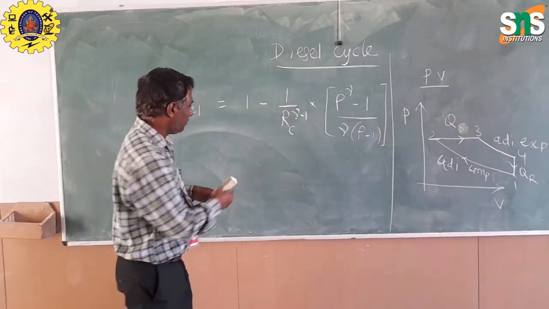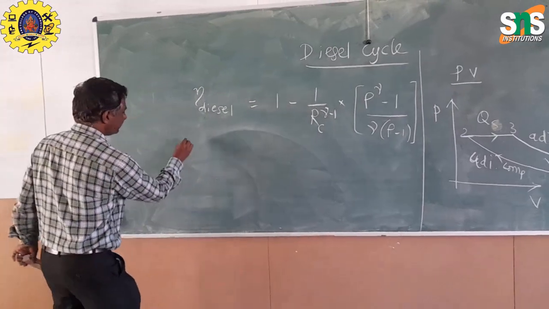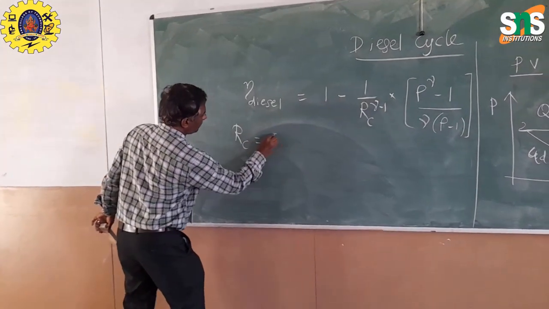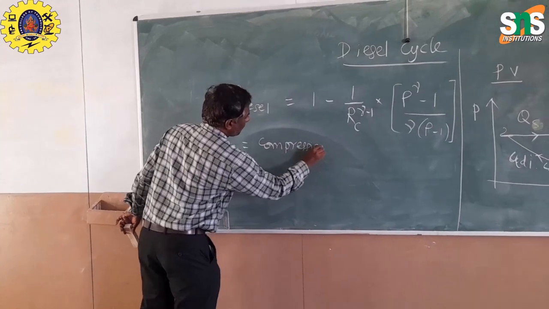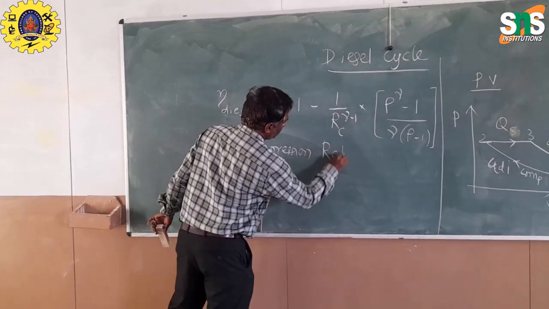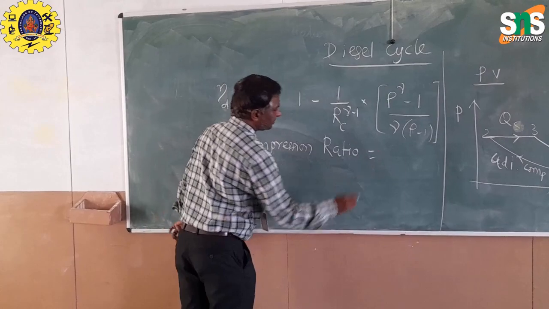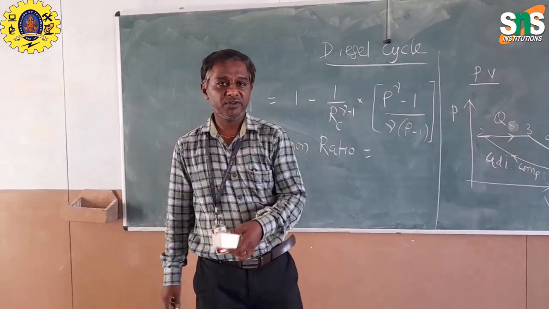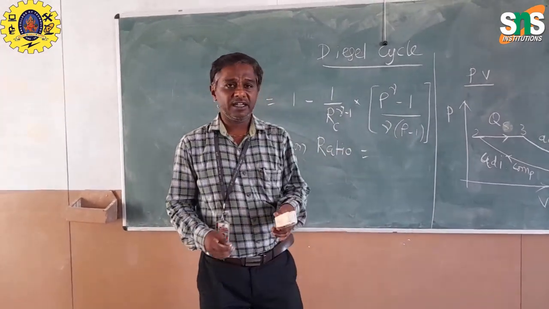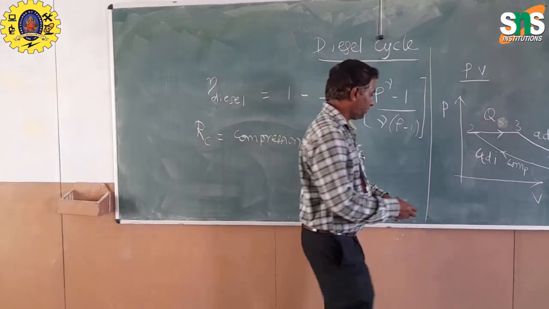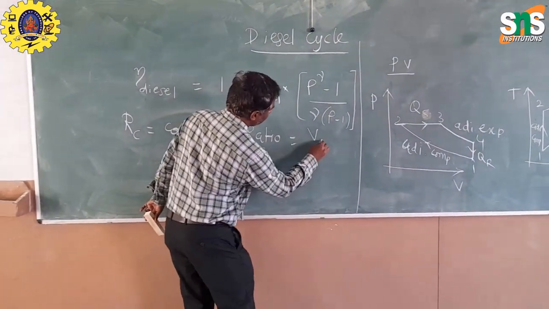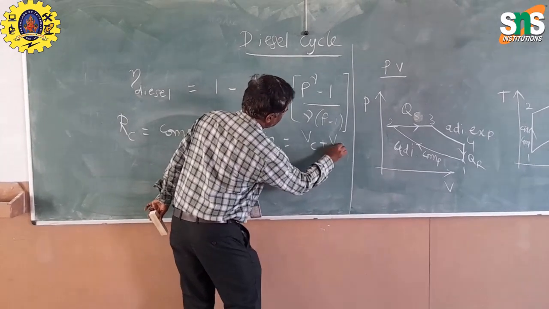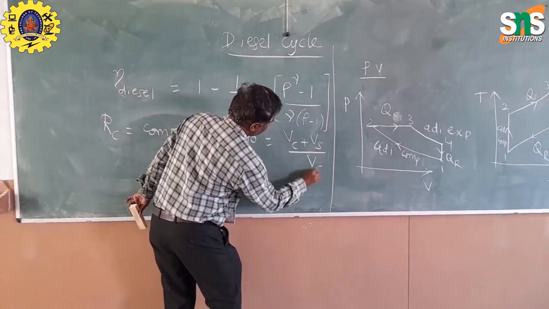What are they? One is the compression ratio, r_c. The compression ratio is nothing but the total volume of the cylinder to the stroke volume, so we can write it as Vc plus Vs divided by Vc.